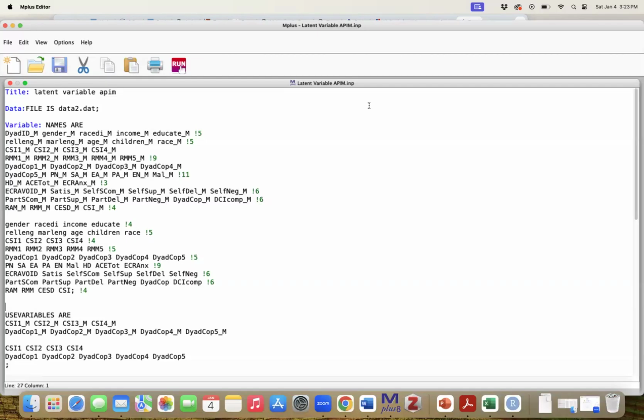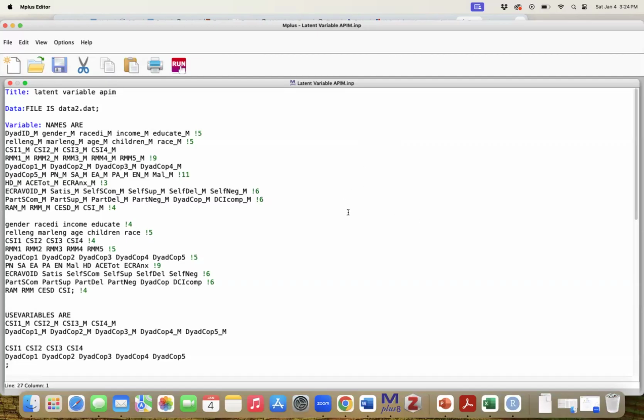What latent variables allow us to do is to model that measurement error, and we can get unbiased estimates of our structural associations, our actor effects, and our partner effects.